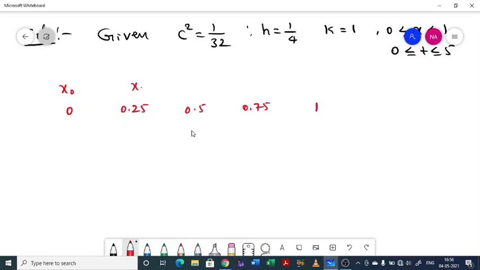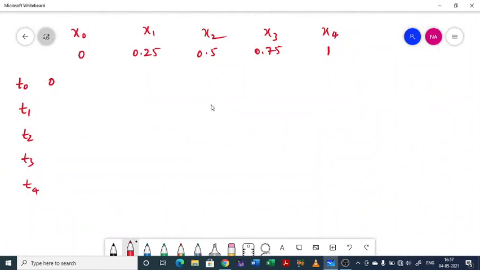So x naught, x1, x2, x3, x4. T naught is 0, T1, T2, T3, T4, T5. So 1, 2, 3, 4, 5.